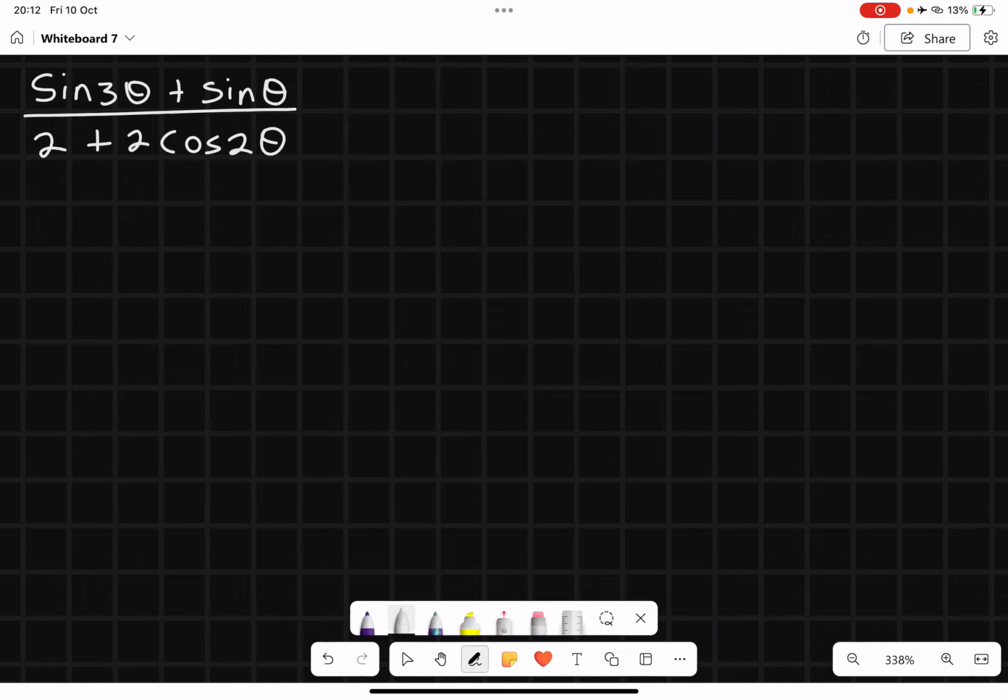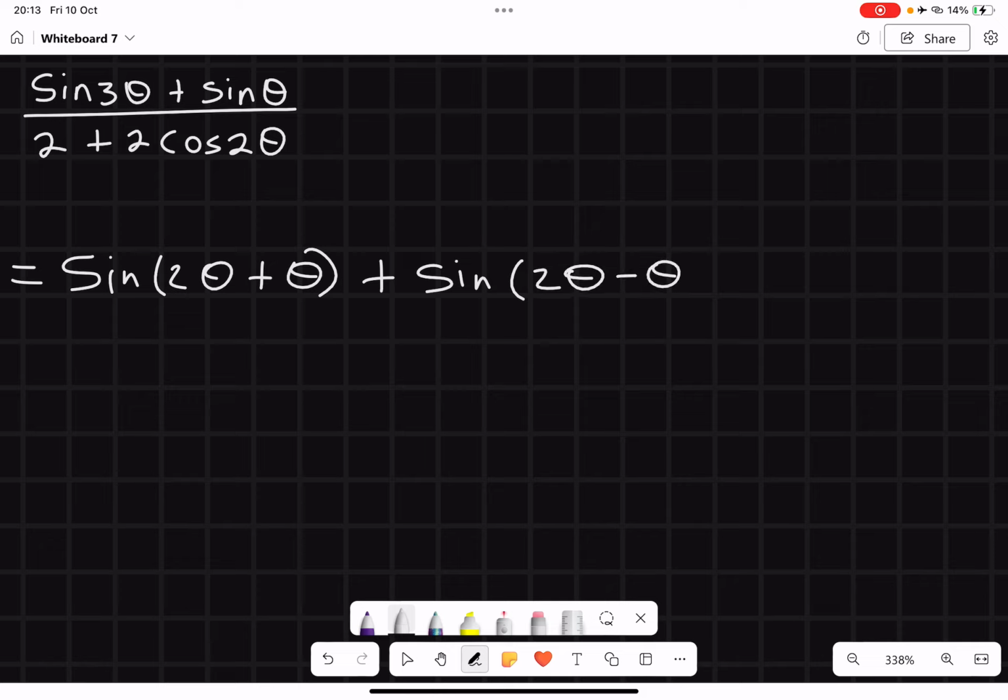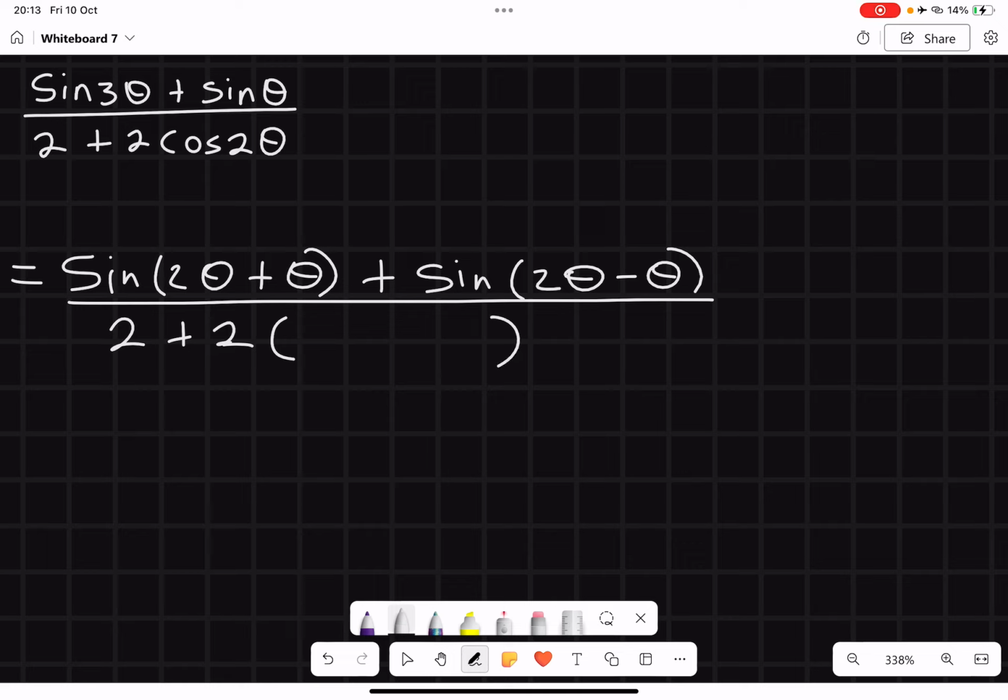So now let's come and substitute what we just did on the side here. We have sine 3 theta replaced as sine of 2 theta plus theta. Then we have plus sine theta replaced as sine of 2 theta minus theta. All right. And then at the bottom, we're going to have 2 plus 2 cos 2 theta. We need to choose which one to pick for cos 2 theta. I always look at this part here.